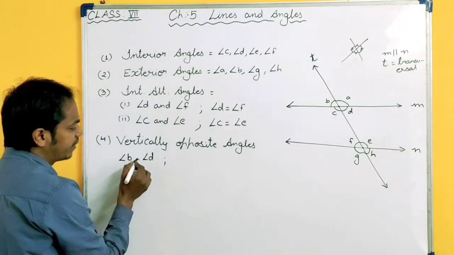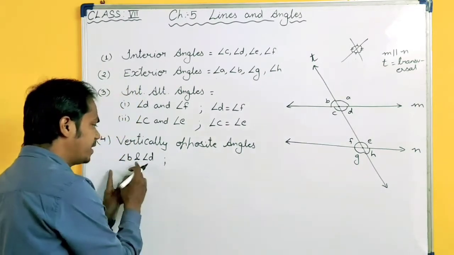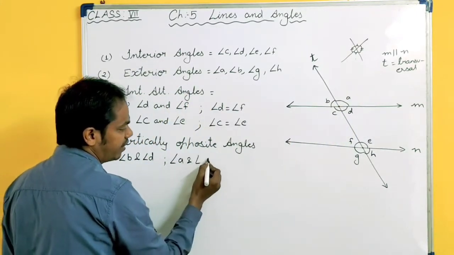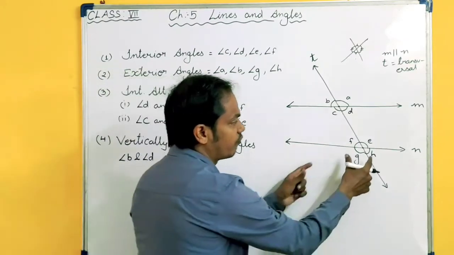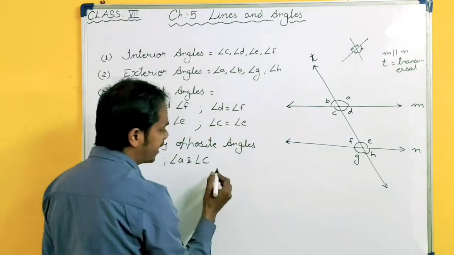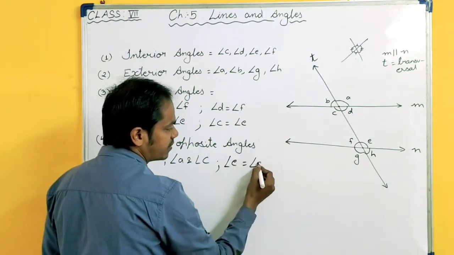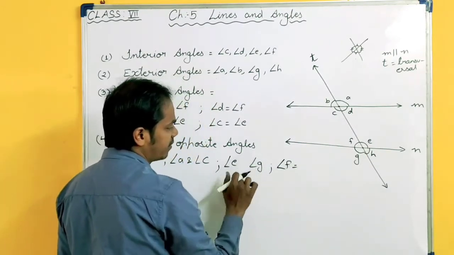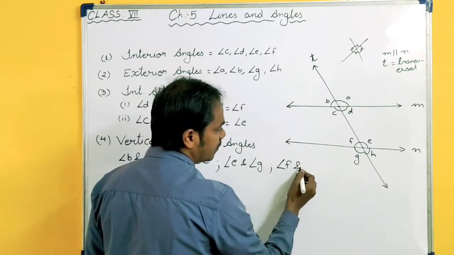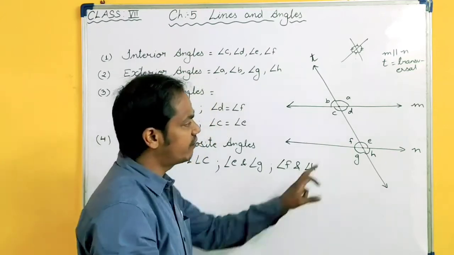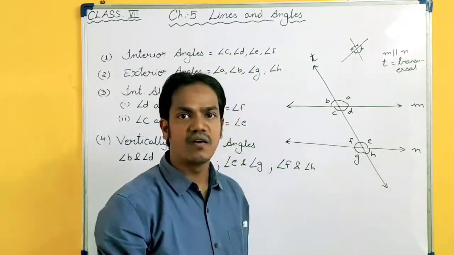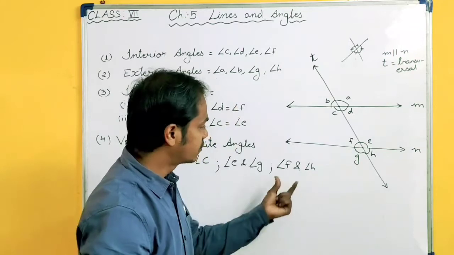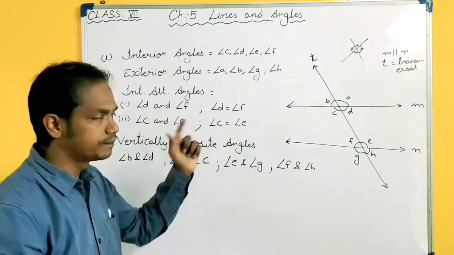You can write that angle B and angle D are vertically opposite angles, and angle B is equal to angle D. The second pair is angle A and angle C. From here you will get angle E equal to angle G, and angle F equal to angle H, which are also vertically opposite angles. If this is 60 degrees, then H will also be 60 degrees. The pairs forming here are always equal.